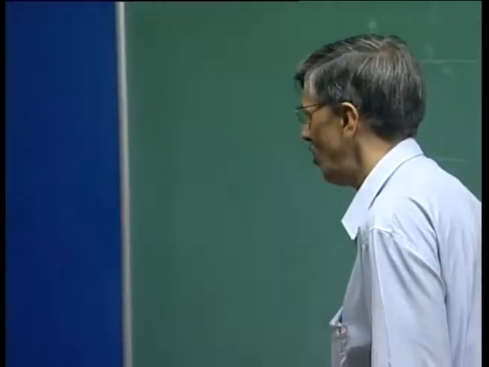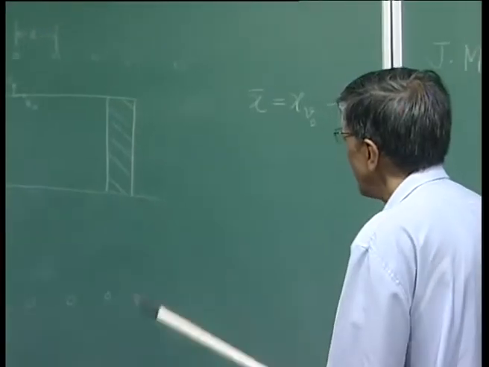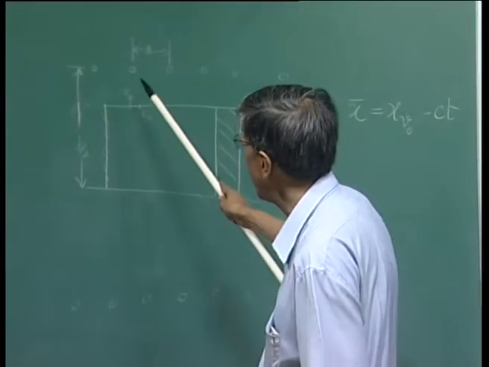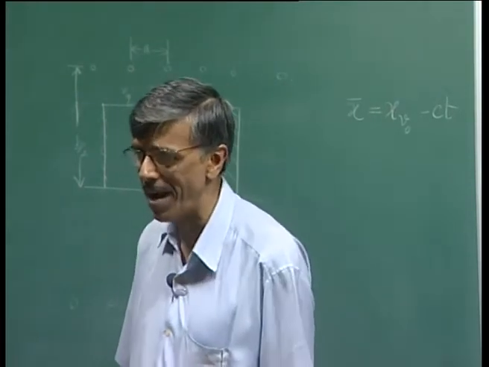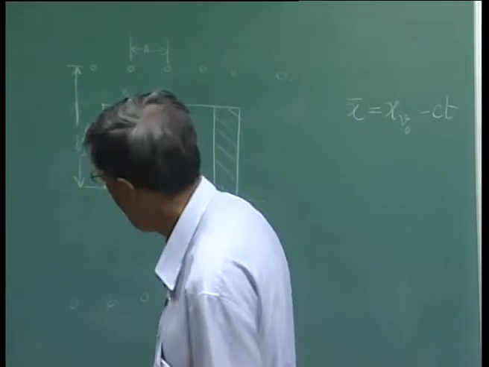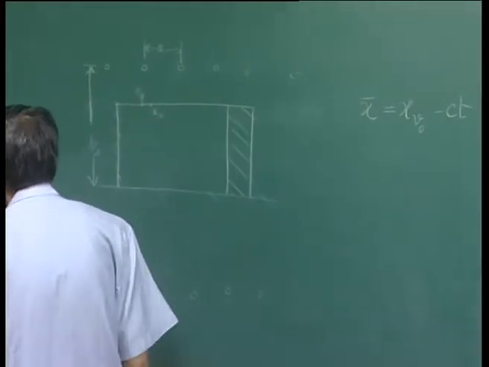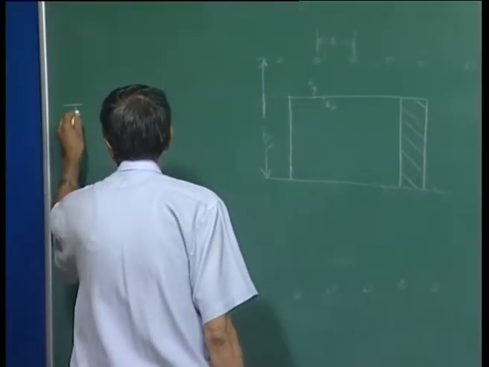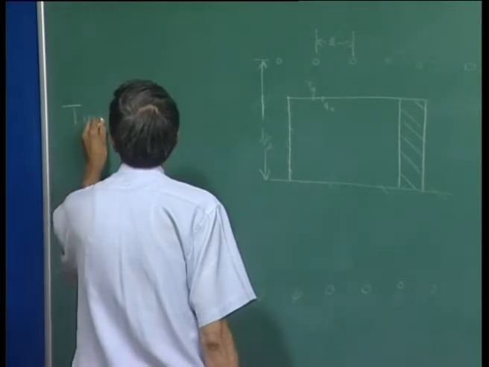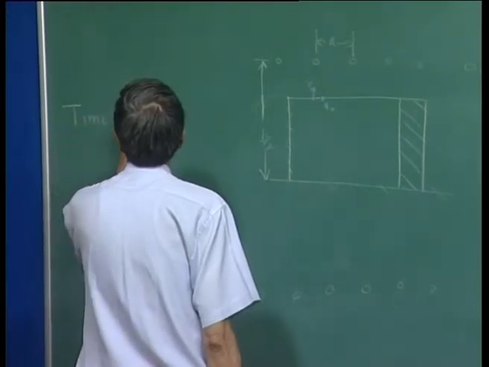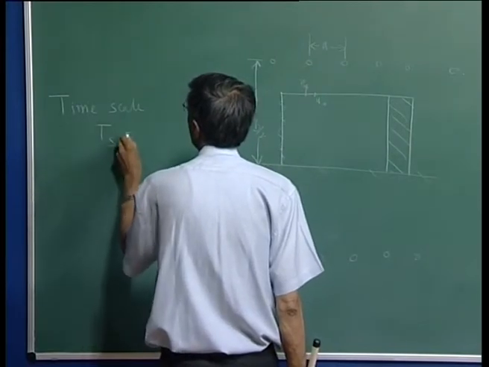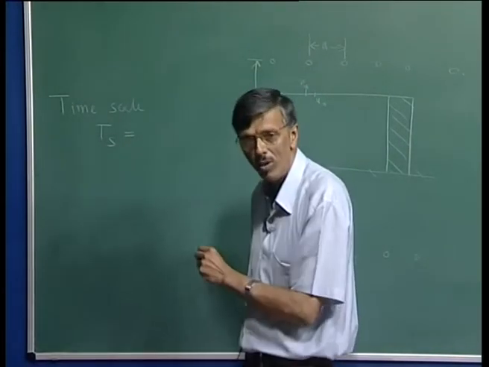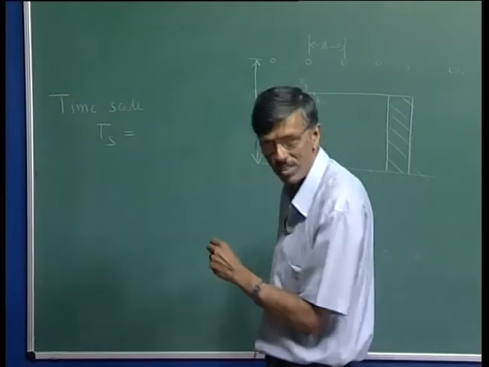However, what we have seen is that if we create these vortices which are at a distance a apart and they are migrating at a speed c, I can introduce a time scale. The time scale, which I will call Ts, would be the length scale by the velocity scale.